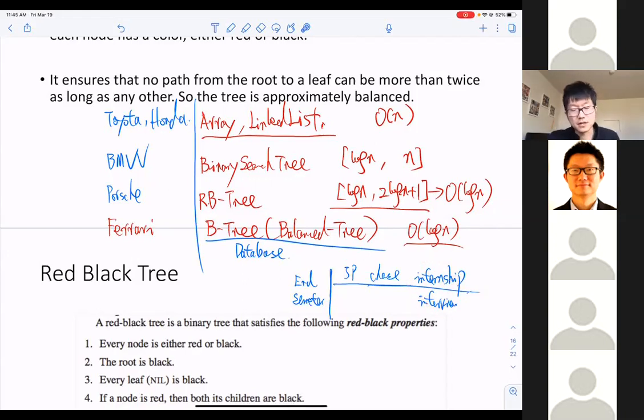But what really made him stand out is that after the code interviews, they invited him to a dinner or lunch, I don't remember. And throughout that meal, he was talking with the other people about the RBTree that he implemented, what kind of difficulties he met, and his understanding of this data structure. And that really made him stand out.